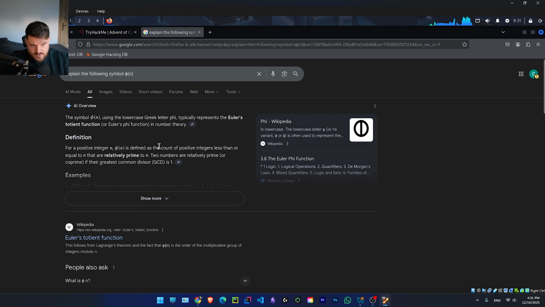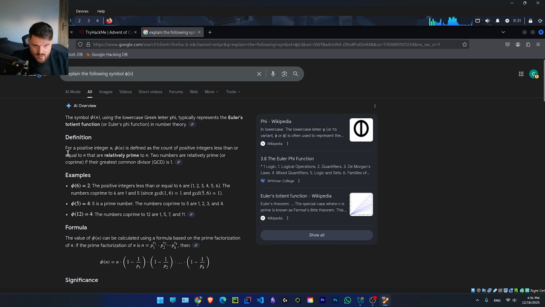The symbol is the lowercase Greek letter phi, which typically represents Euler's totient function. Euler's phi function in number theory, for a positive integer n, is defined as the count of positive integers less than or equal to n that are relatively prime to n.